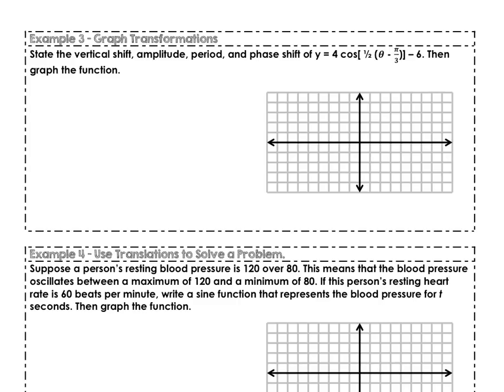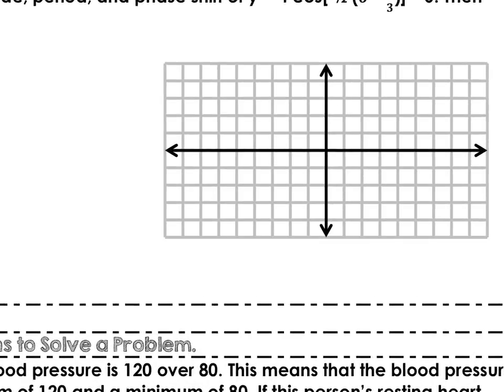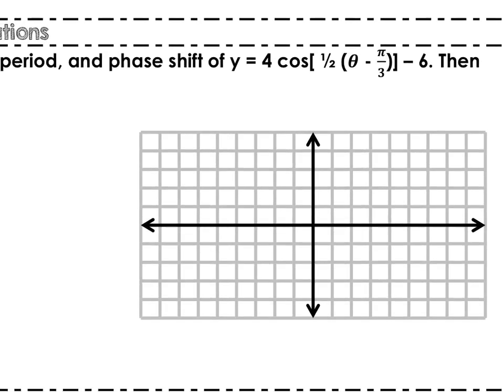All right, so first, before we also do this in class, where we're going to look at another function, let's first try to explain all 4 transformations happening with example 3. All right, so notice that we are given a cosine. So like I've been saying, the very first step to graphing is to first graph your parent function. Giving myself my 4 tick marks, please recall what the 4 tick marks represent.